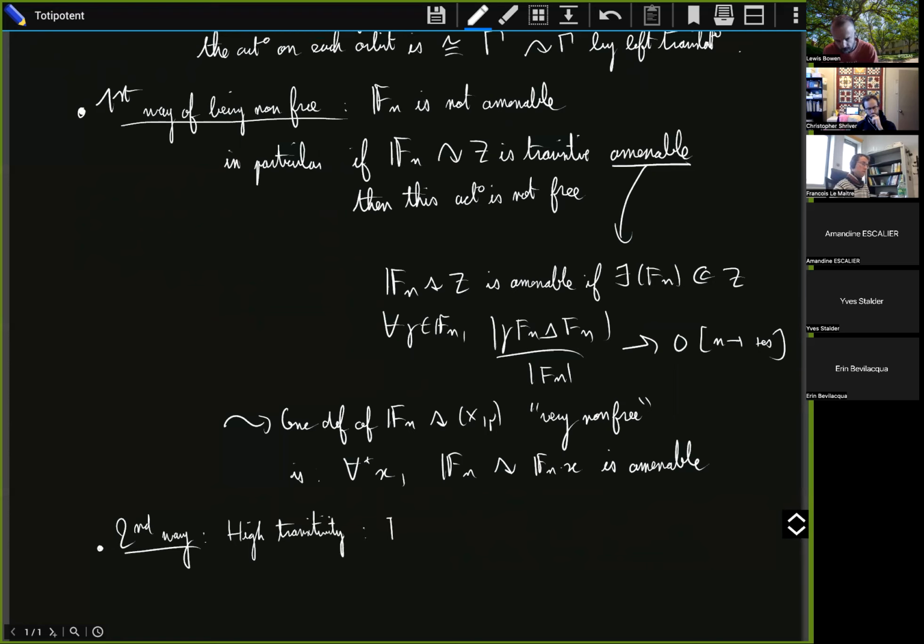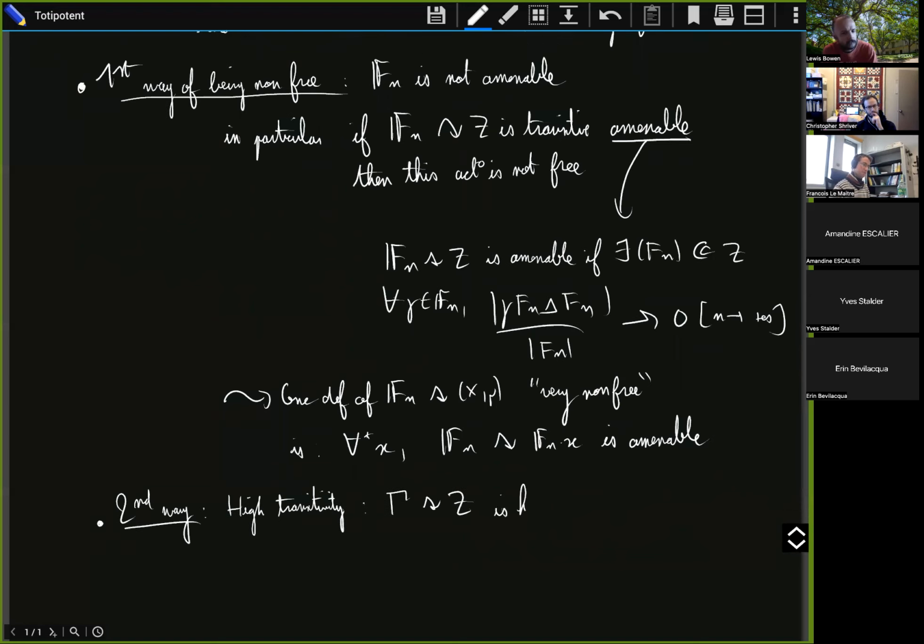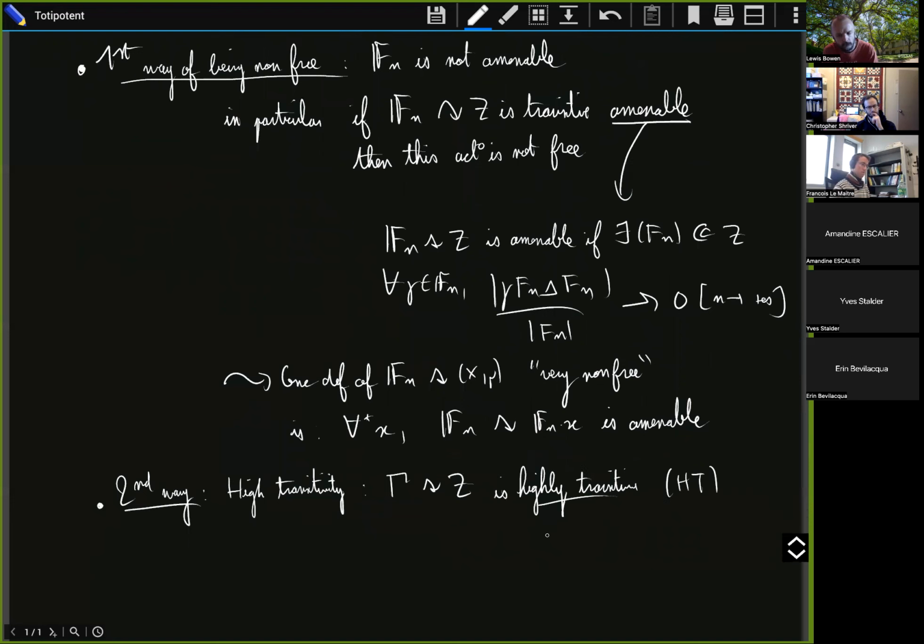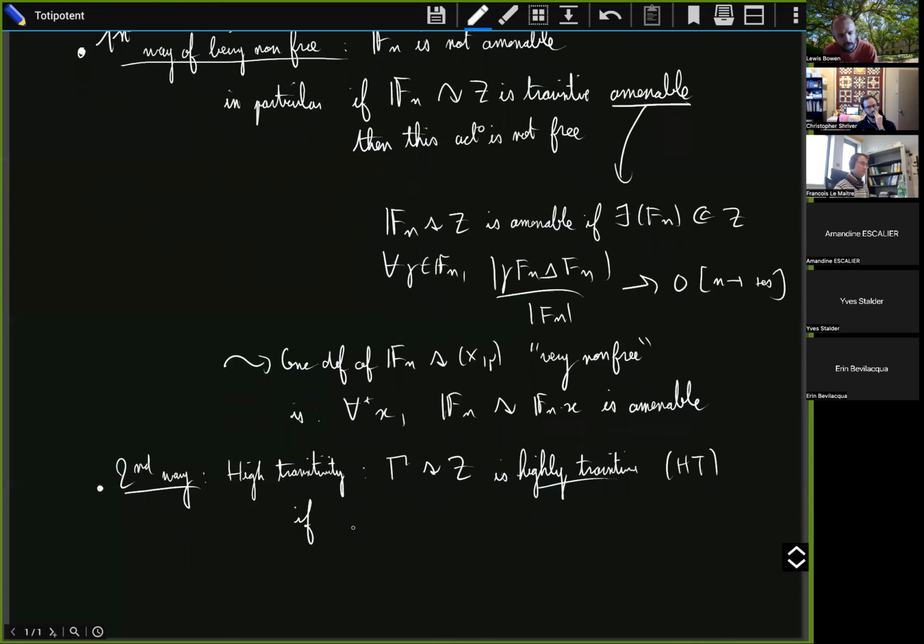Gamma acting on a set Z is highly transitive, HT, if it is not only transitive, but transitive at every level. There are different ways of stating this. I will first state the most intuitive way, I think.